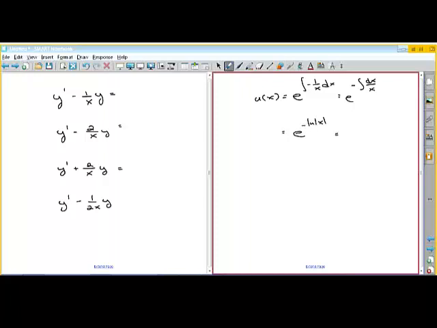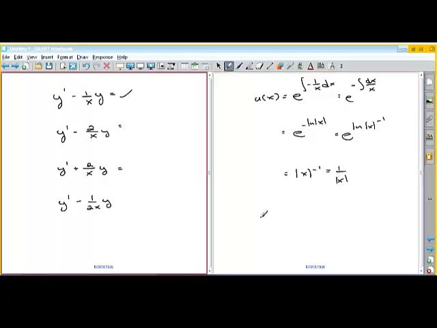You can't use the inverse properties of logarithms and exponents until you take this sign or coefficient inside. So this becomes e to the natural log of the absolute value of x to the minus 1 power. The negative 1 out front becomes the exponent. Now you can use the inverse properties of logarithms and exponential functions. Okay, so that would be the first case.